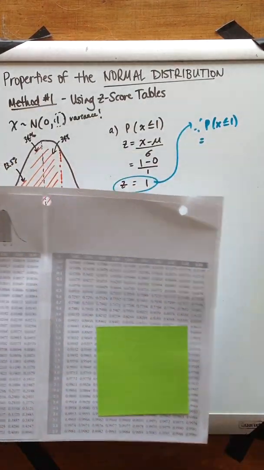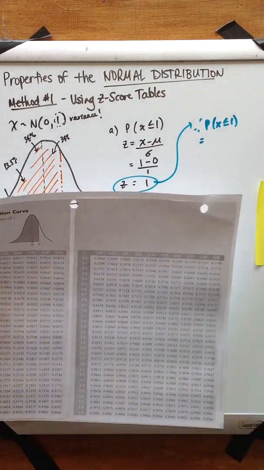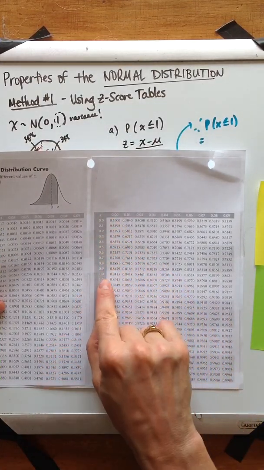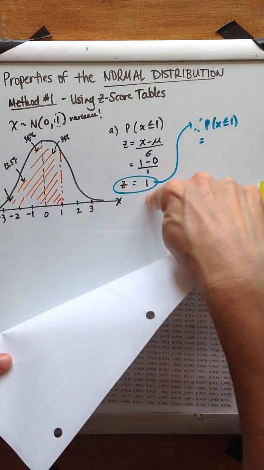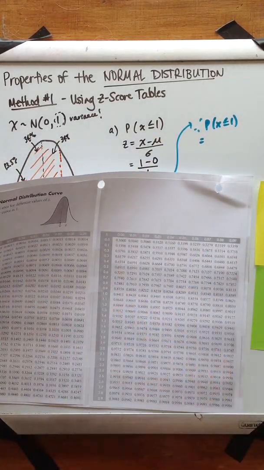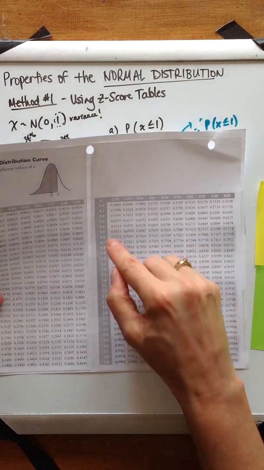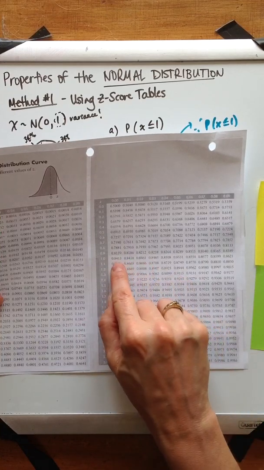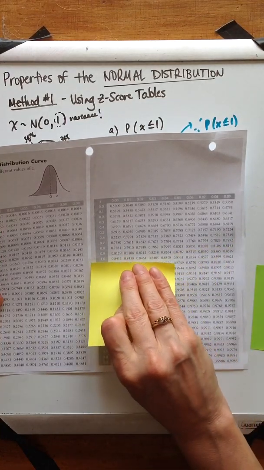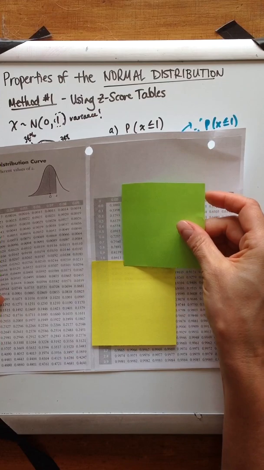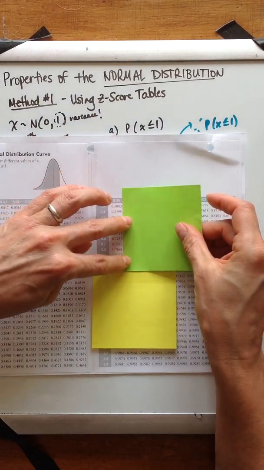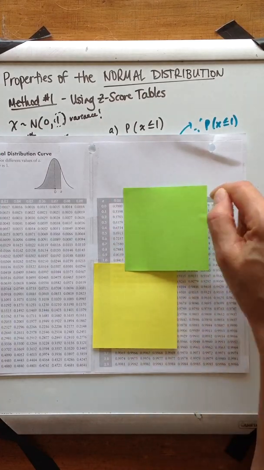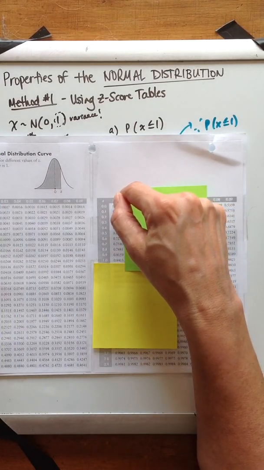So what I want to do is scroll down this main column here until I get to 1. Now my value is actually 1.00. These tables can be used to 2 decimal places. So 1.0, if I were to stop here, this is the probability right there for 1.00. This top column shows you the second decimal place value.